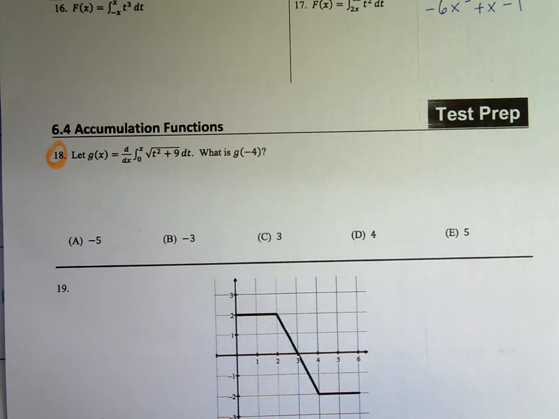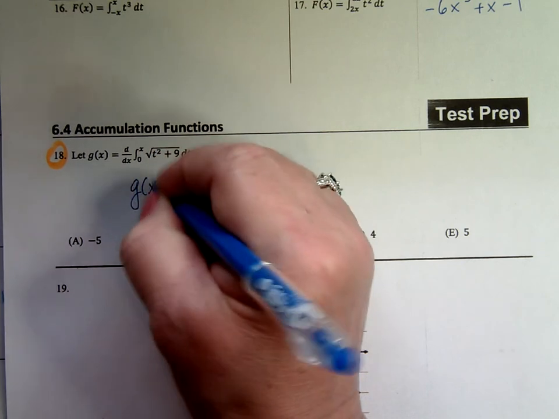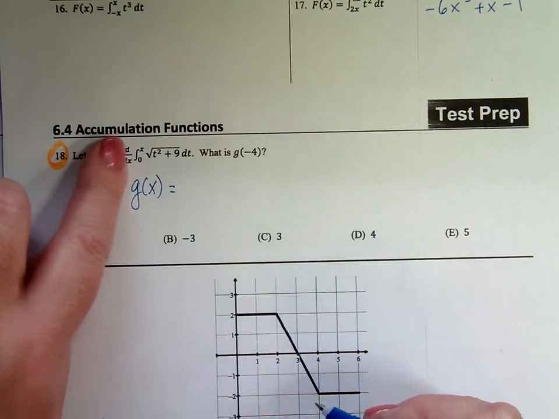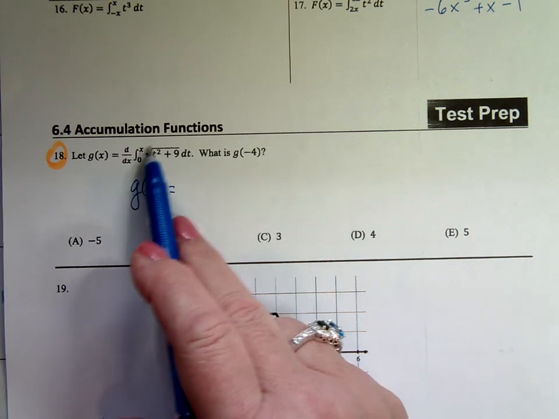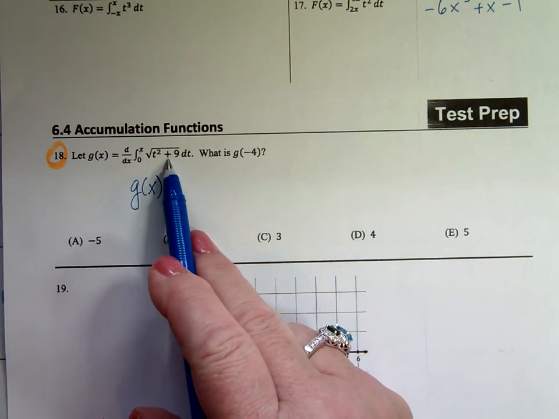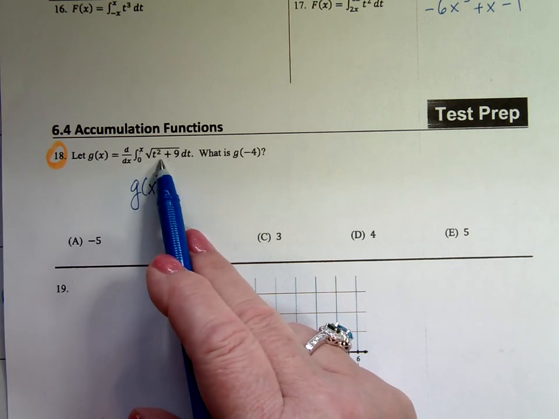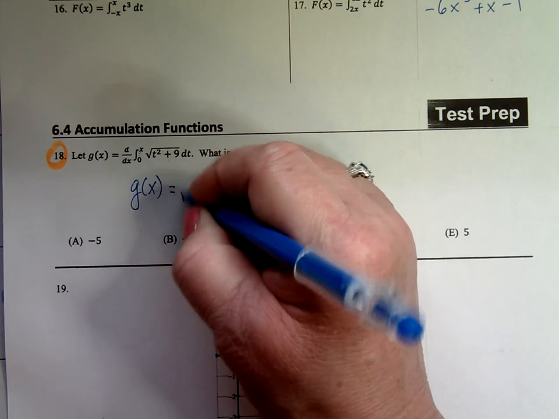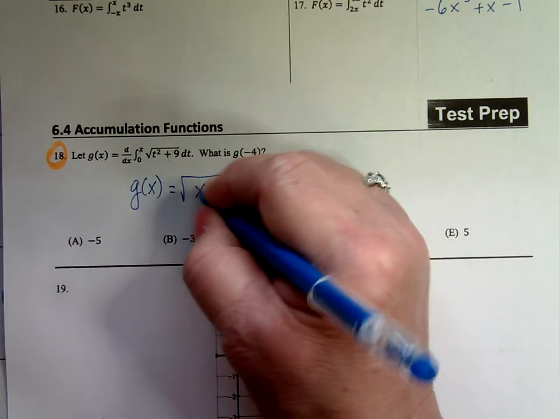Well, question number 1 is what is g of x? And g of x is the same thing. Forget about this derivative right now. G of x is when you take this x and plug it into your function. So if you take x and put it in here, it's going to be what your original function was. That's what the derivative and the integral are doing to each other. So it would be the square root of x squared plus 9.